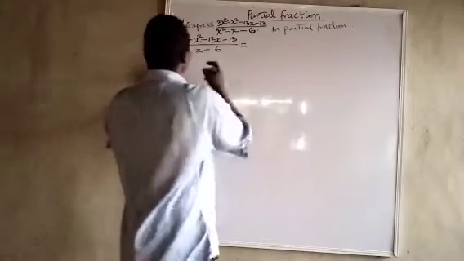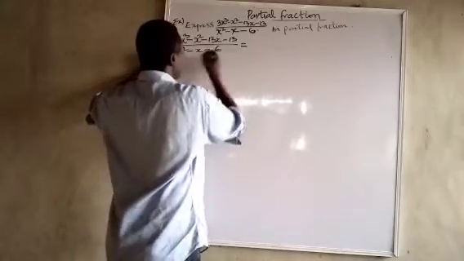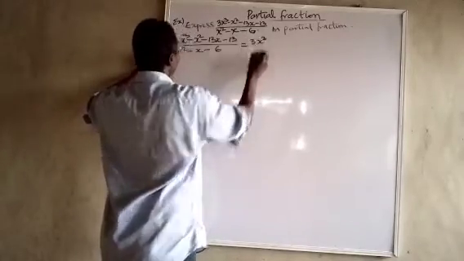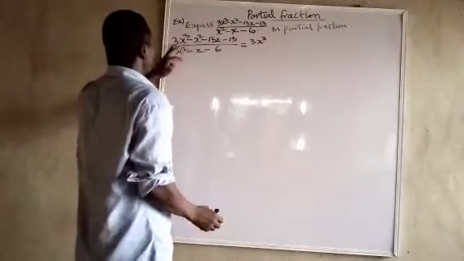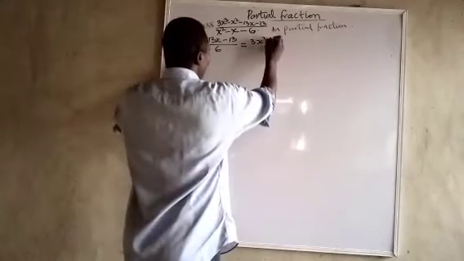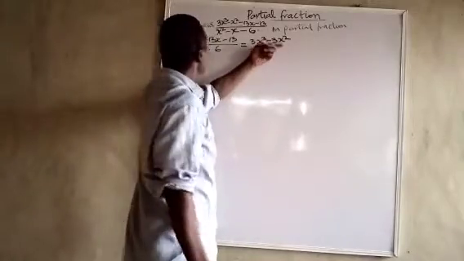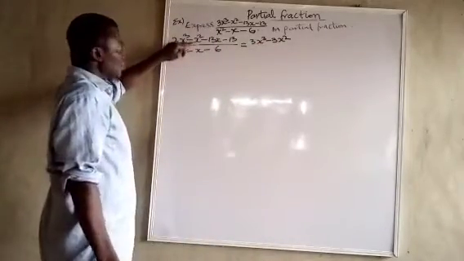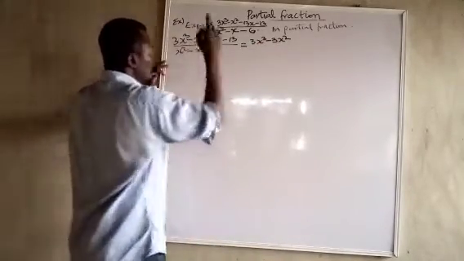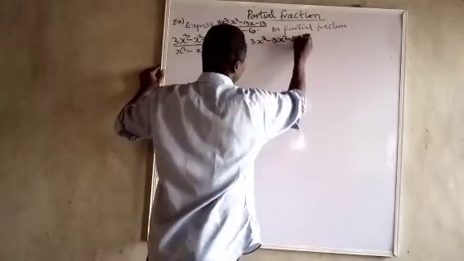You see what I mean now? 3x times x squared is going to be 3x cubed. Nothing to add or subtract. 3x times minus x is going to be minus 3x squared. What am I going to add to this to give me minus x squared? It's going to be plus 2x squared.